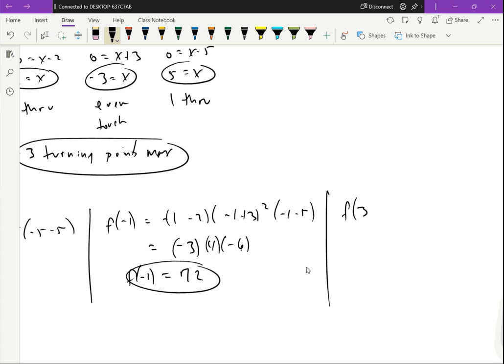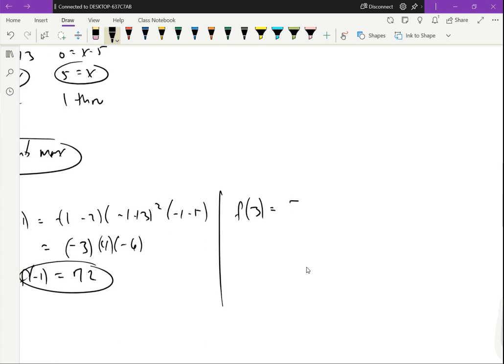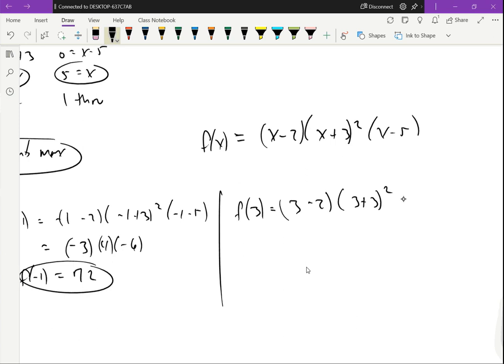Between 2 and 5, let's choose 3. Why not choose 3, right? Back to my function, f of x is x minus 2, x plus 3 quantity squared, x minus 5. If I'm plugging 3 in, I've got 3 minus 2, 3 plus 3 squared, and then 3 minus 5.